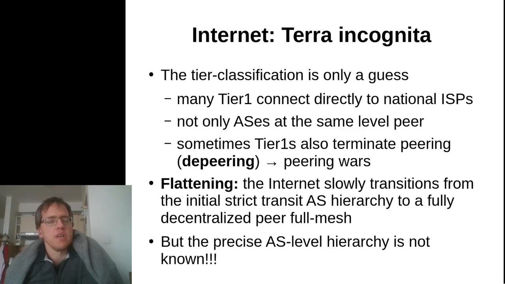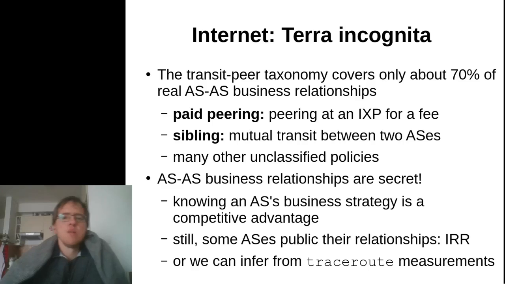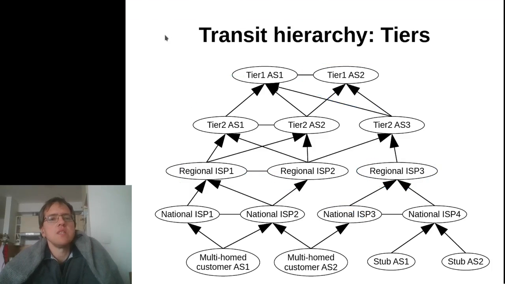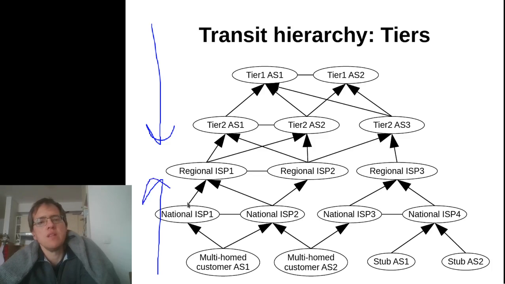What we are seeing more and more out there in the internet is that the transit hierarchy, which maybe 10 or 20 years ago very nicely described the structure of the internet, starts to flatten.